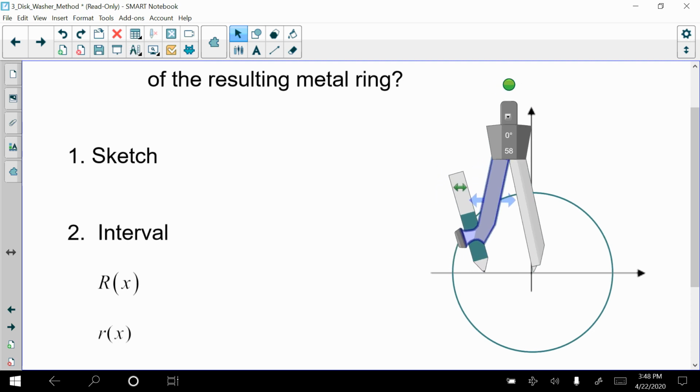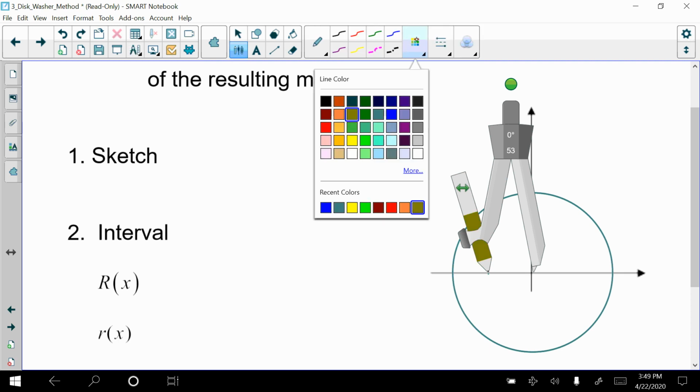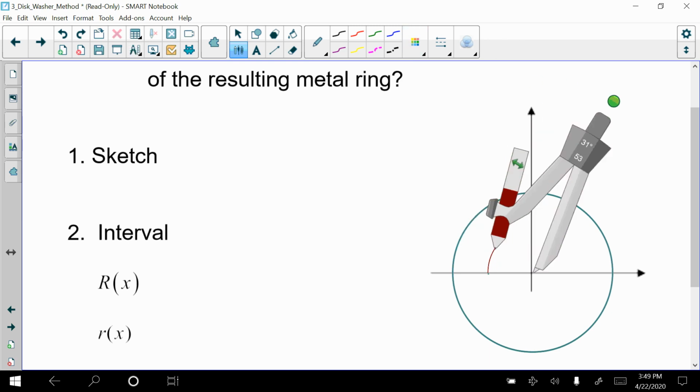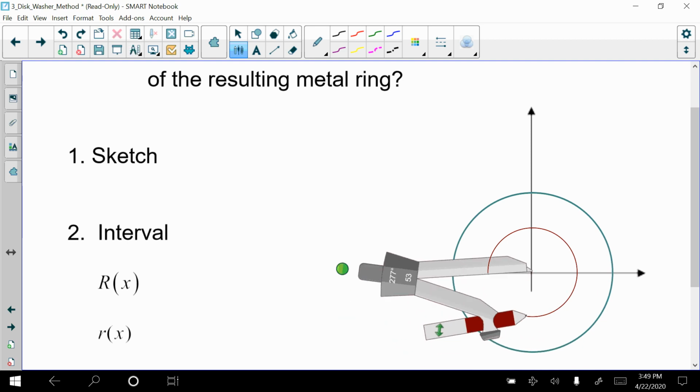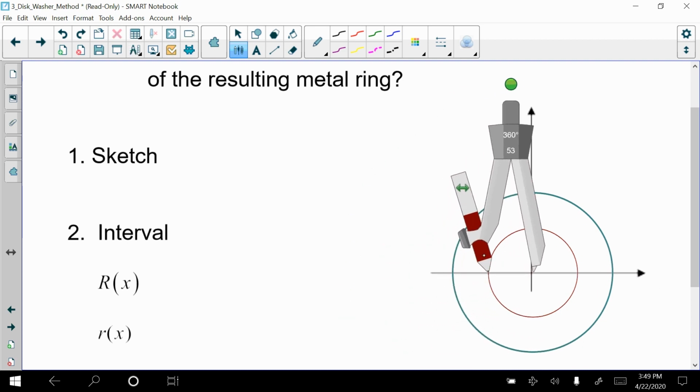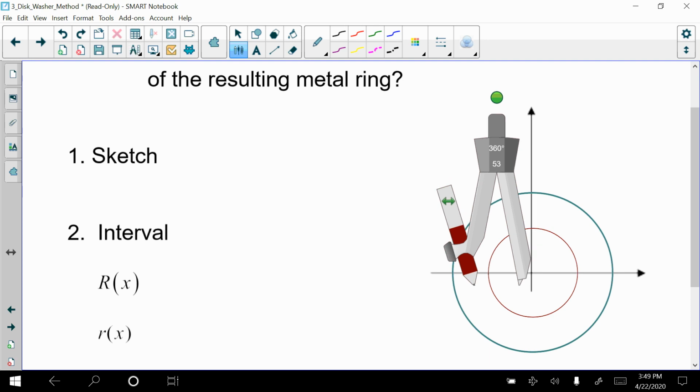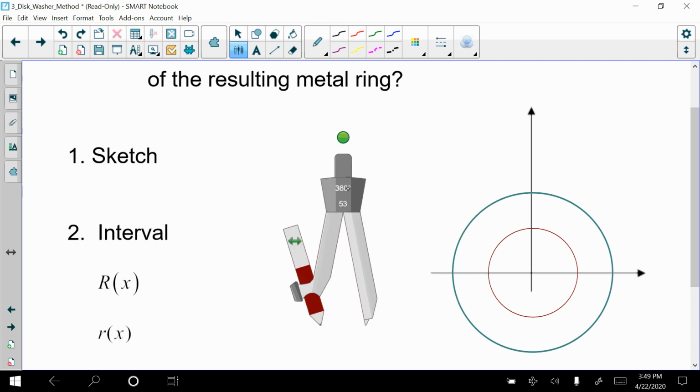Now we're going to close it up a little bit. We'll just say that here is 3 inches. Let me pick a different color, something that has a little more contrast. Here is what we're drilling out. Imagine this is a sphere. I know these are just two-dimensional circles, but imagine it's a sphere.